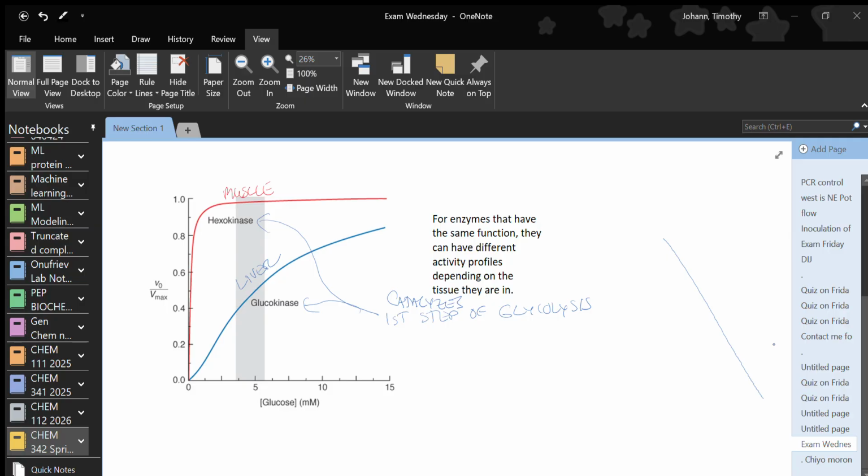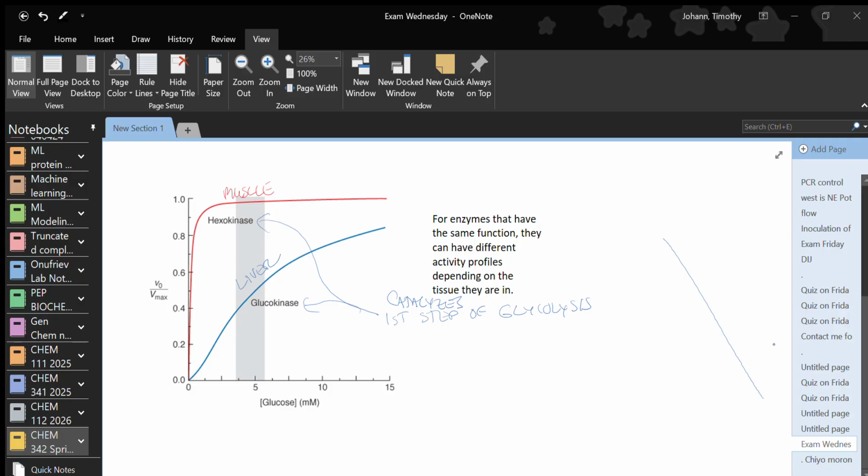The liver is supposed to maintain glucose concentrations outside the cell and inside, or for the body, in this band. If glucose drops too low in your blood, you actually pass out, assuming we're not starving and we've adjusted with ketone bodies. If it's too high, that's diabetes, and you have problems with that.